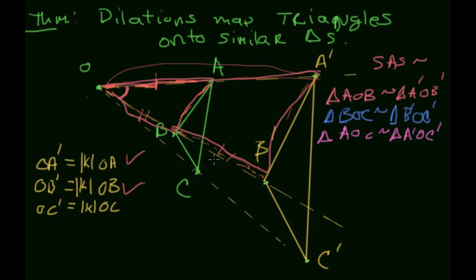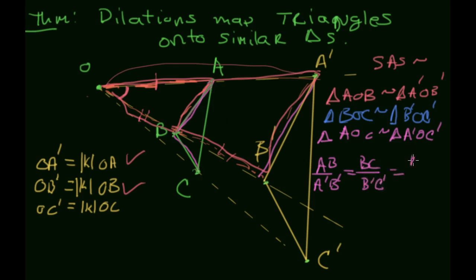Okay, so what does this mean? Well, if I look at this, AB is in the red triangle. AB has to be proportional to A prime B prime. Okay, BC was in the blue triangle, so BC has to be proportional to B prime C prime.